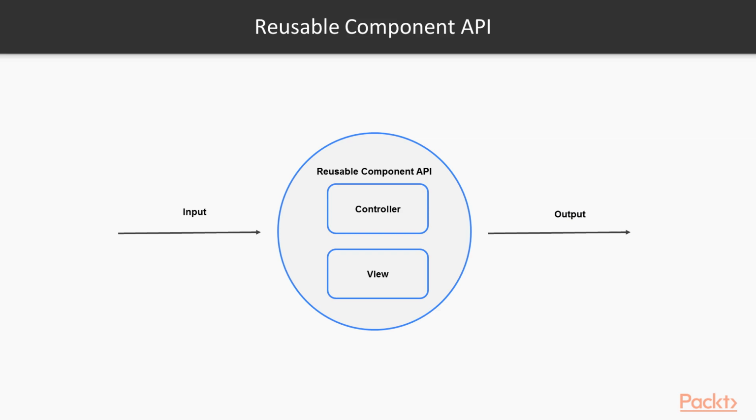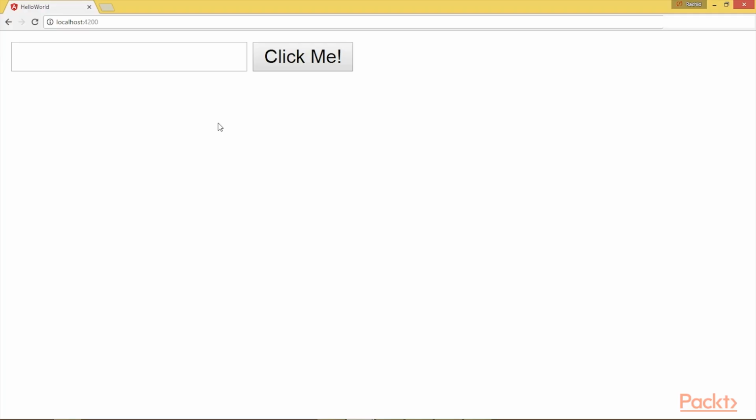In this video, we will see how to add input properties, and in the next video, we will see how to add output properties. So let's see an example. Let's say I want to have an input field and a button. When I click on the button, a value will appear in the input field.